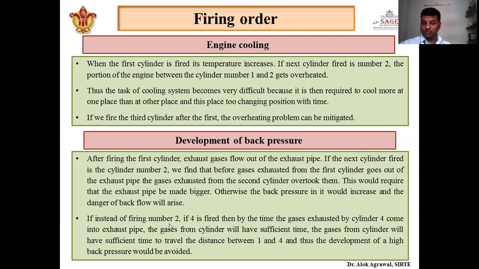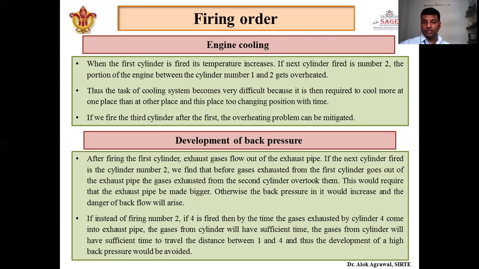So instead of firing cylinder number 2, cylinder number 4 can be fired. The gas from cylinder 1 will have sufficient time. Okay, it will have sufficient time to travel the distance between 1 and 4, and because of this the development of high back pressure can be avoided.